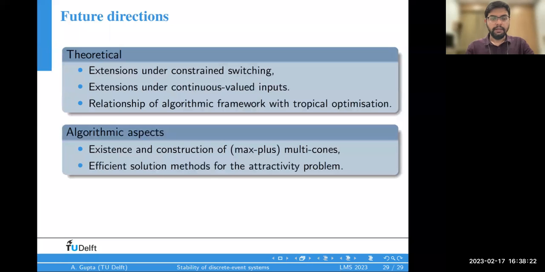And from an algorithmic perspective, we can also study not a single cone but multi-cones. Again, these steps have already been taken for conventional time-driven systems, and we can follow that framework and derive a lot of tools, as long as it makes sense for discrete event systems.